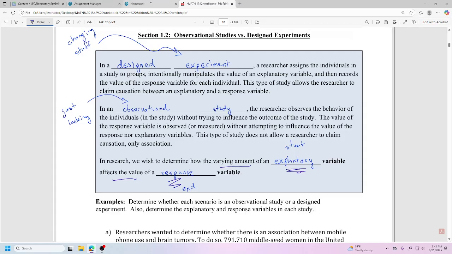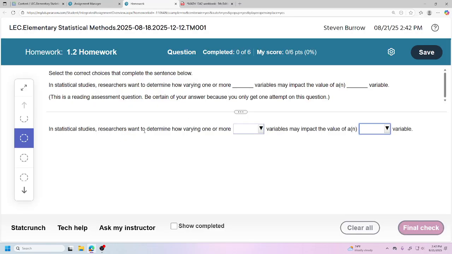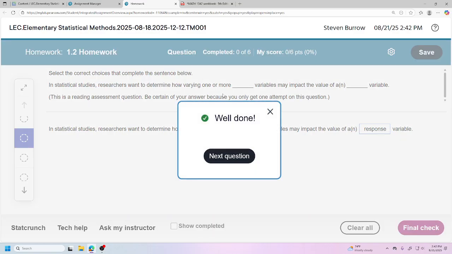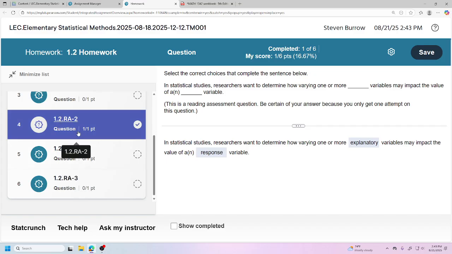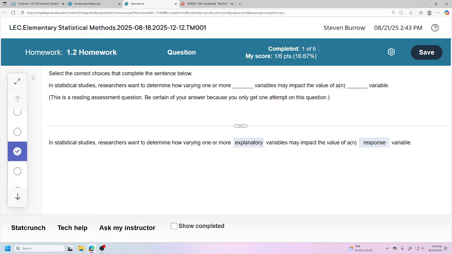Varying one or more explanatory, the variables impact response. Are you in agreement? Okay, I only get the one shot. Here we go. Final check. Okay. Whew. Now you know when you get to this problem, number 4 on your homework right here, this is what you need to do because it's not going to change.